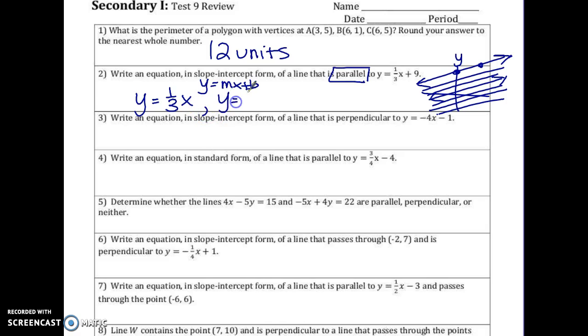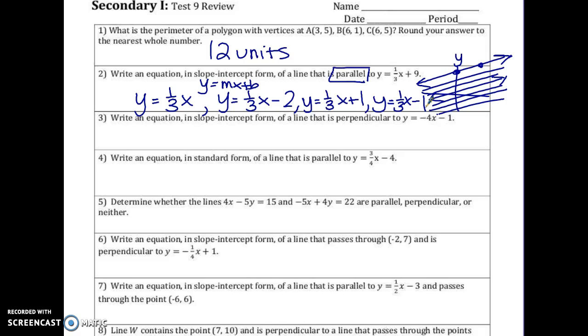I could do y equals 1/3 x minus 2. Y equals 1/3 x plus 1. Y equals 1/3 x minus 1. You could have lots and lots of different answers, but you have to have that 1/3 x in it for the lines to be parallel.